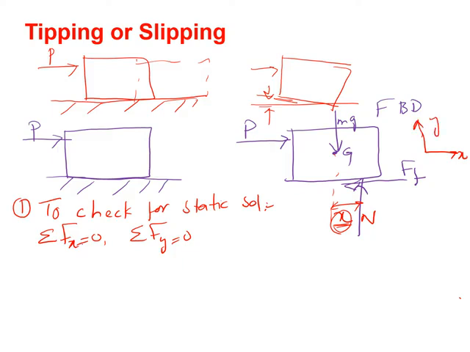In the present case, from the sum of forces in the y direction equal to 0, we get the value of N, and from the sum of the forces in the x direction equal to 0, we get the value of the friction force F subscript f. Assume that the mass is given to you and the load P, the force that causes either slipping or tipping, is given.